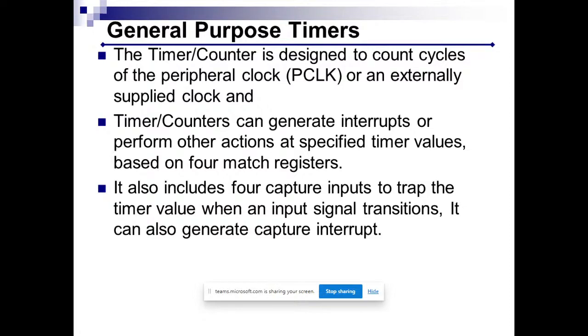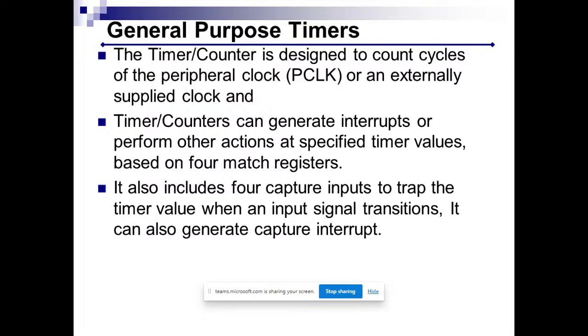It also has capture inputs to trap the timer value when input signal transitions occur. So it can also generate a capture interrupt. Ultimately there are certain events we want to capture, so certain capture registers are given, and they trap the timer value.